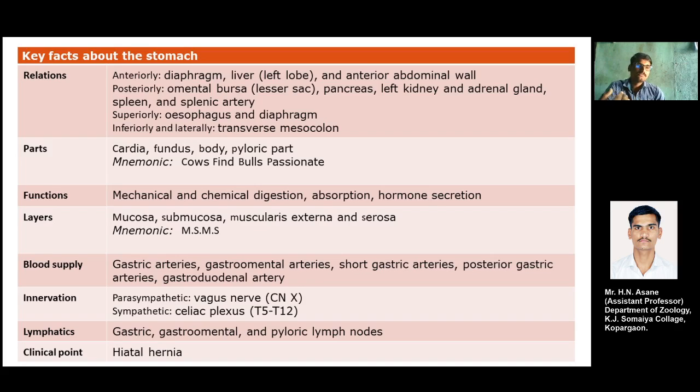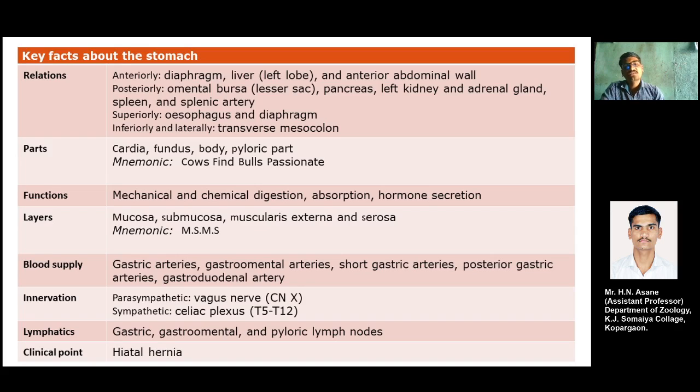For the innervation, you can see the vagus nerves, or the cranial 10th nerve, which is parasympathetic, and the sympathetic nerves from the celiac plexus, which provide signaling and sensation. They connect with the brain by means of cranial nerve 10 and the T5 to T12 nerves.